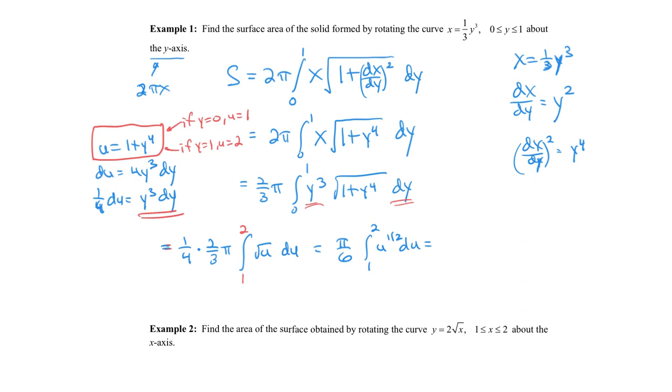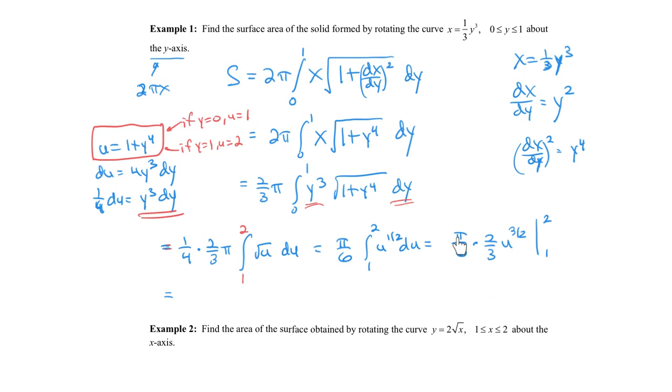So we can use the power rule here, and we'll get pi over 6 times this 1/2 plus 1 is 3/2, divided by 3/2 is like multiplying by 2/3. Then we go from 1 to 2. All right, so we can clean this up. This is really, let's see, 2 over 18, or 1 over 9, right?